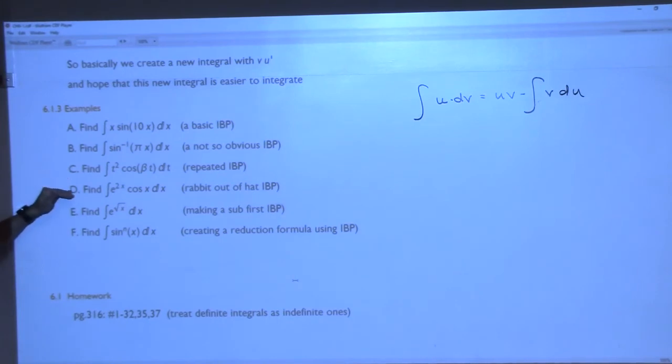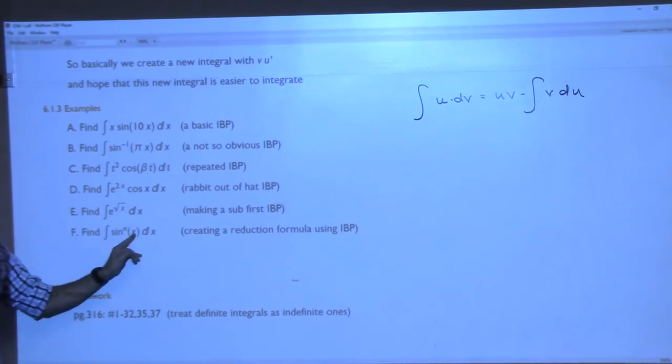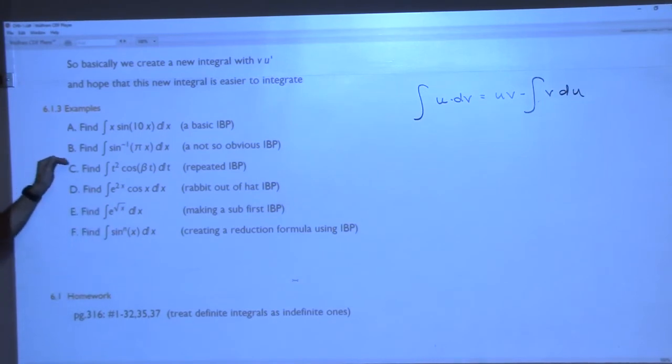This one I call pulling a rabbit out of a hat because it's freaking magic the way this one works. And then in this one we have to make a u substitution, a basic u substitution, before we even start the integration by parts. And then in this one we can actually create our own formula for sine to any power using integration by parts. So this is what we're going to do next class. It's going to be quite the journey through these problems.